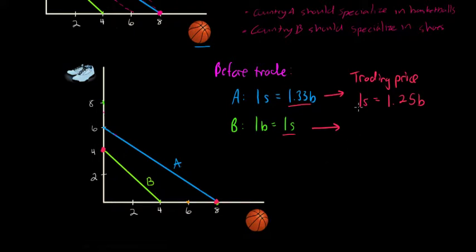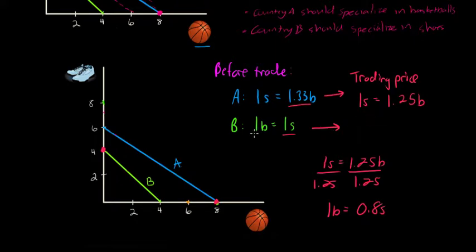Well, we can take the reciprocal of that. If one shoe costs 1.25 basketballs, to find the price of basketballs, I divide both sides by 1.25. And 1 over 1.25 gives us a price of basketballs of 0.8 shoes per basketball.